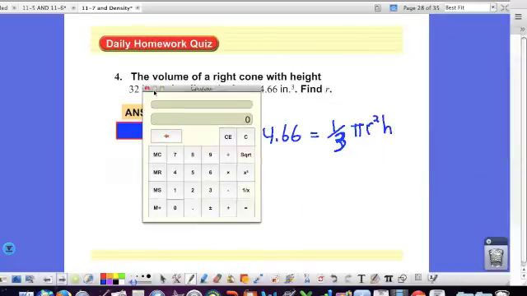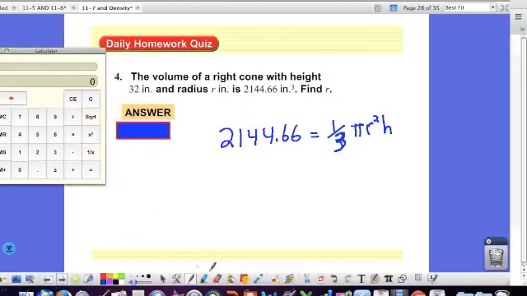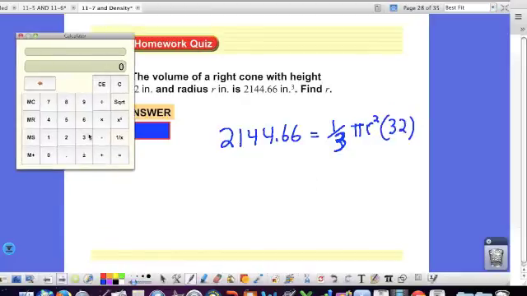And the radius we're supposed to find, and the height is 32. So I'm going to clear what I can on this side. I'm going to do 3.14 times 32 is 100.48. Wow, I feel like I've seen that before. Divided by 3 equals 33.493, etc.